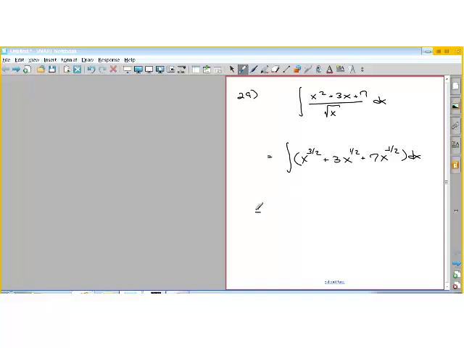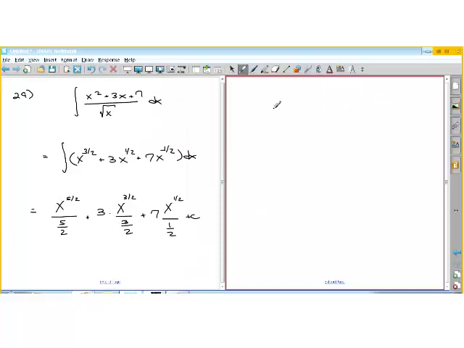So now they're all in the form of polynomials, so now we just add 1 to the exponent and divide by the new exponent. In this case, the second, we have 3, and then we integrate that, and we get x to the 3/2 divided by 3/2, and then we have 7 times x to the positive 1/2. Negative 1/2 plus 1 is positive 1/2 divided by 1/2. And we add our arbitrary constant c because we've integrated.